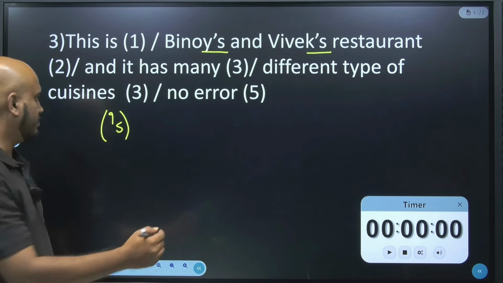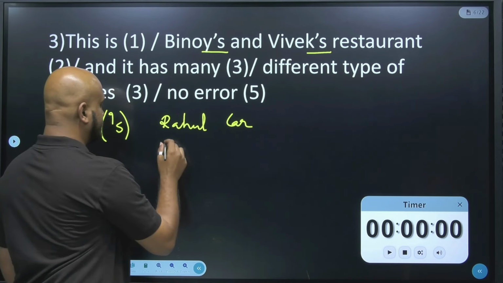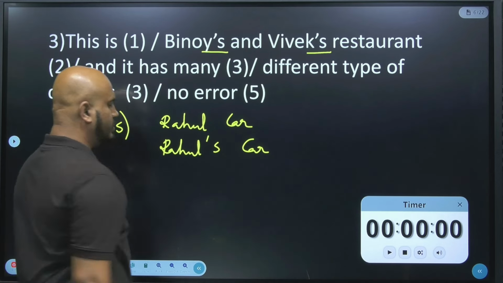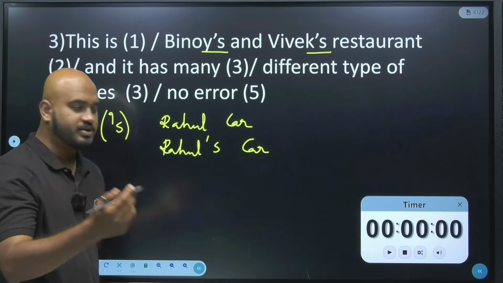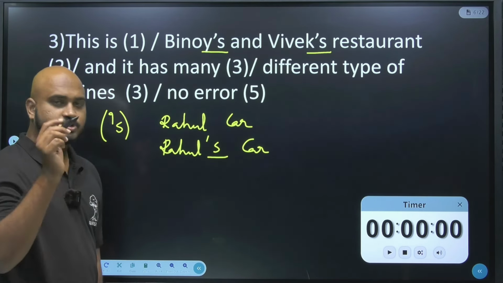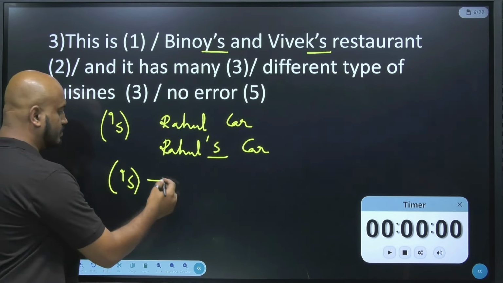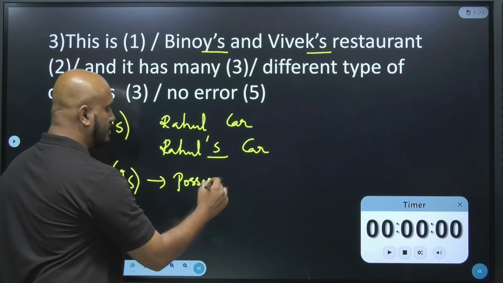I mean, if I were to write like this, Rahul car and Rahul's car, which one would you go with? Obviously, you would say, of course, Rahul's car. Now, my question is, what is the significance of this then? I mean, why cannot I simply write like this? So, this particular thing is called an apostrophe, and this is used with nouns, especially to indicate possession or ownership.